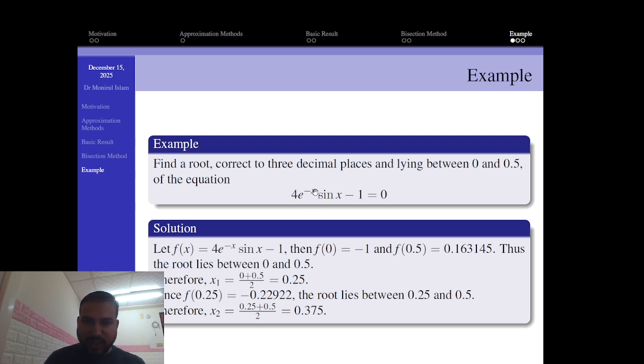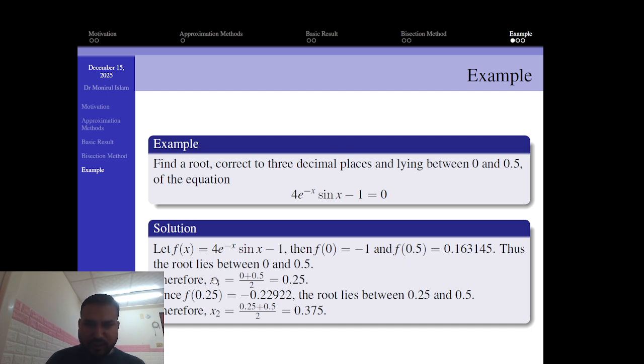Here f(x) is 4e^(-x) sin x minus 1, and f(0) is minus 1, and f(0.5) is 1.16314. So clearly f(0) and f(0.5) are of opposite signs. Therefore, by that result, the root lies between 0 and 0.5.